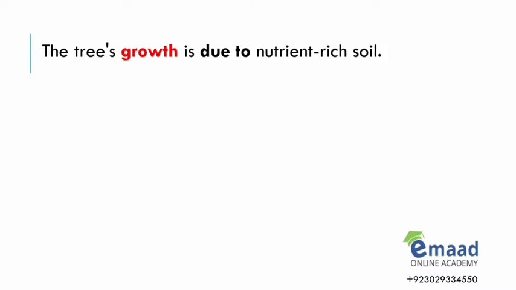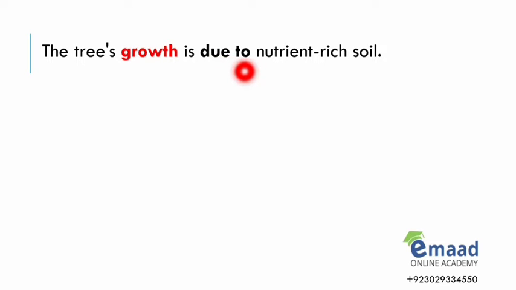Let's go into the detail. The tree's growth is an abstract noun. It's the name of the verb that we call grow. The tree's growth is due to nutrient rich soil.